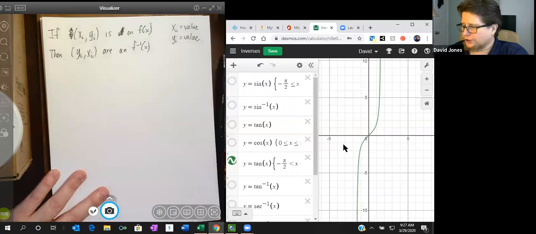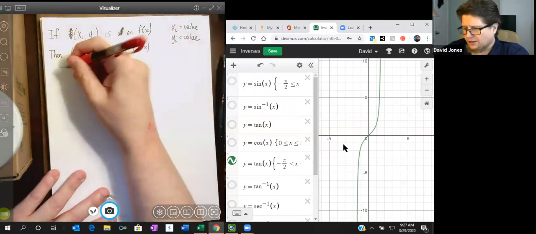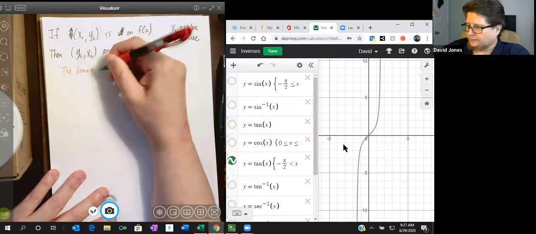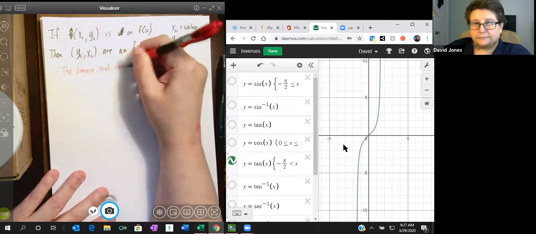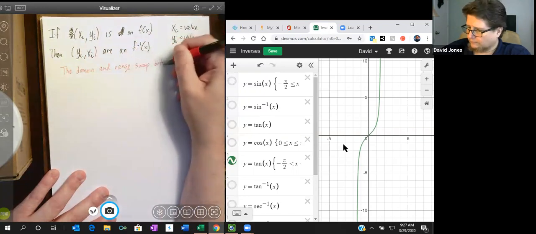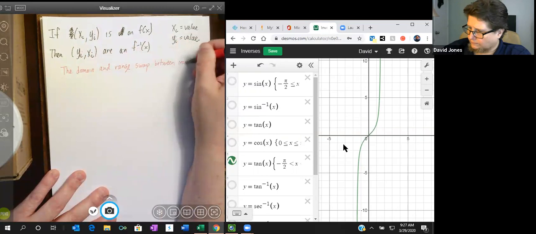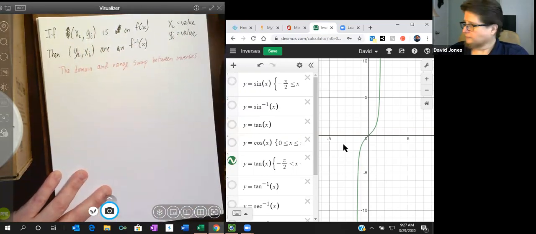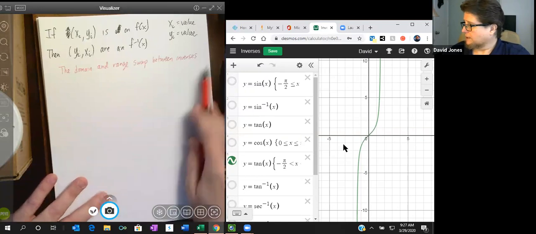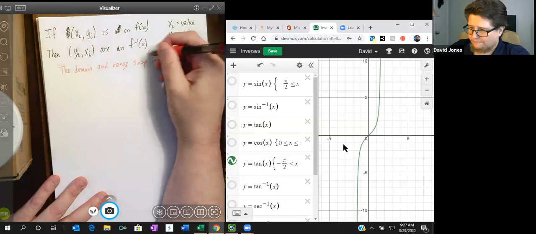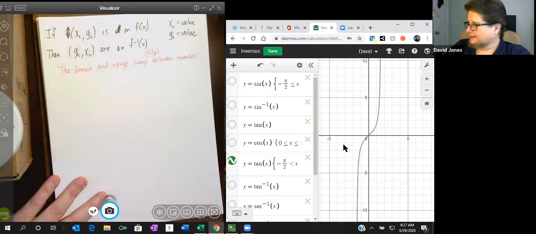And in normal words, the domain and range swap between inverses. Or flip, that's another way of looking at it, they flip.